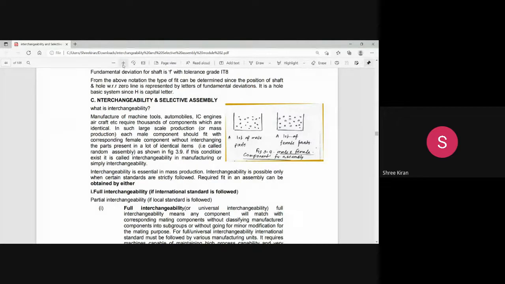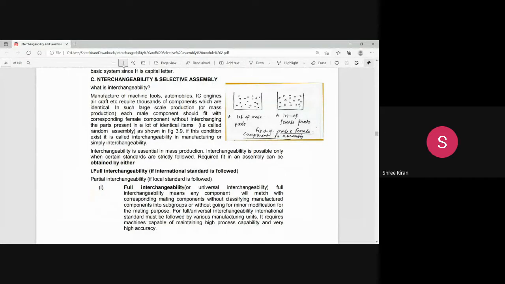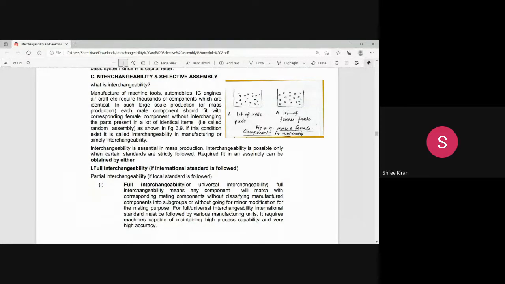So interchangeability is essential in mass production. Mass production means a product is being manufactured in large numbers with respect to time. In mass production, interchangeability is possible only when certain standards are strictly followed. That's what we say: ISO, NBS, ANSI, BIS.